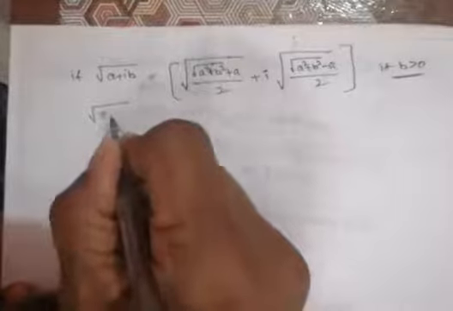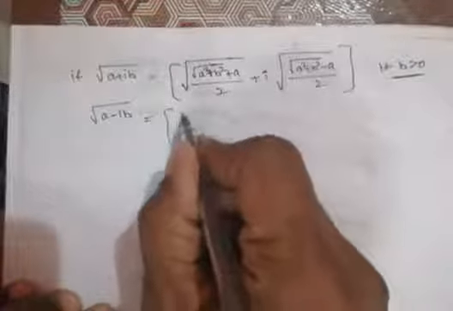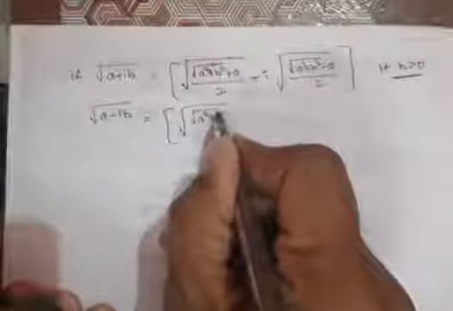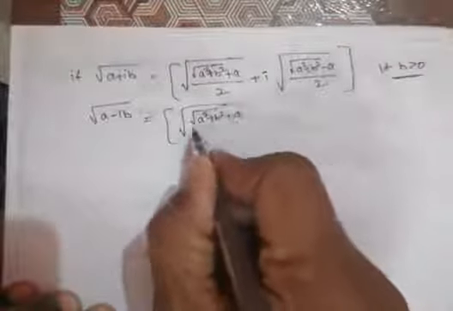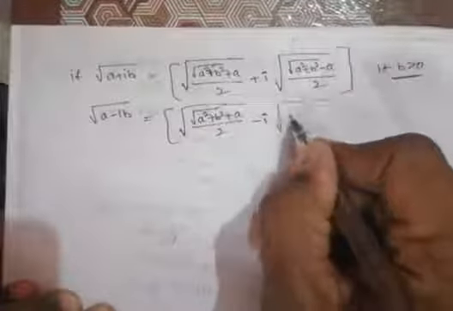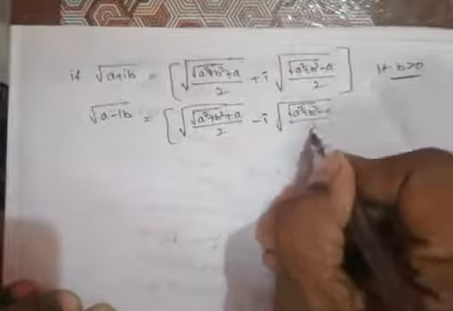So under root of a minus ib is equal to under root of (a square plus b square plus a) by 2 minus I into under root of (a square plus b square minus a) by 2.